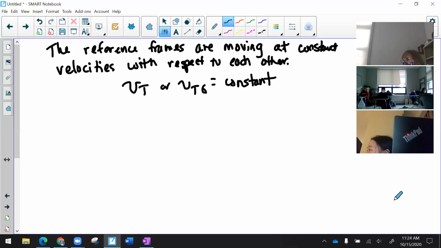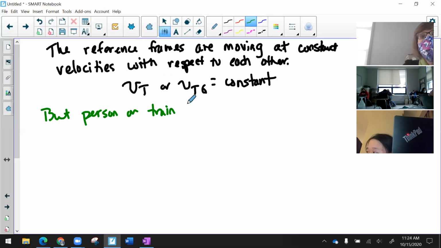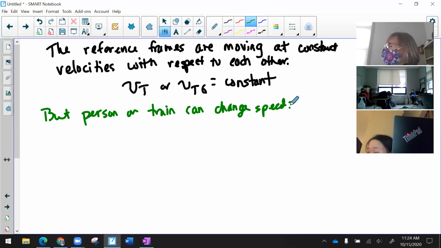So the person on the train can change their speed, in which case they have an acceleration, and we want to know what that acceleration looks like on the train and what that acceleration looks like to somebody who's standing on the ground or at the train station, to you.